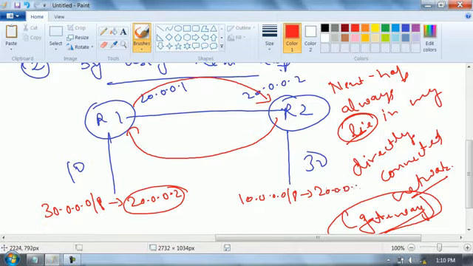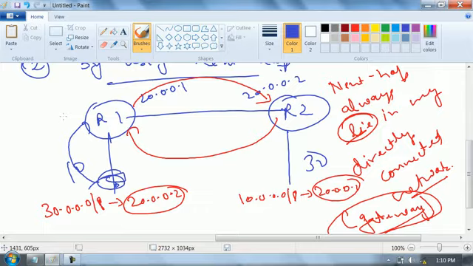Now what will be the change? This time when a user sends a packet to R1, R1 will check the destination is 30.0.0.1. It means this user wants to reach 30's network. Now R1 will send this traffic to the next hop, 20.0.0.2.